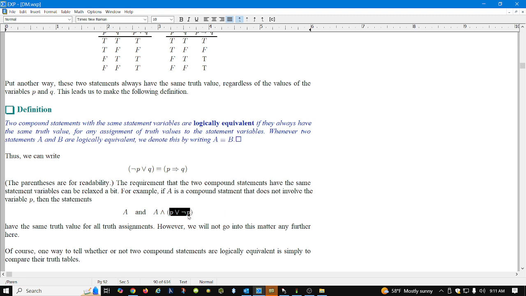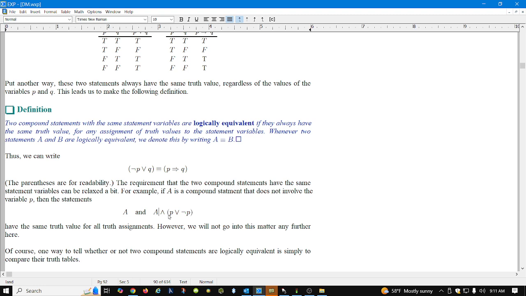And so this part that is highlighted is always true, and therefore, because this is a conjunction, the entire statement will be true if and only if A is true. So in other words, this is logically equivalent to just A. Okay. So these two are logically equivalent, and yet they don't have the same statement variables.